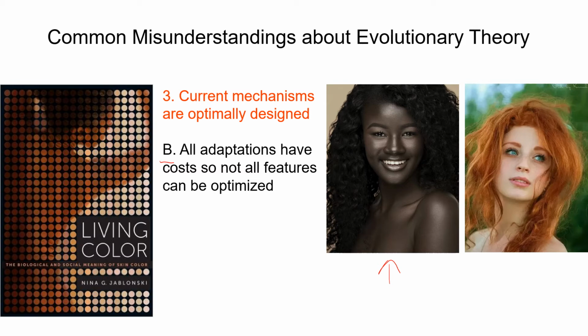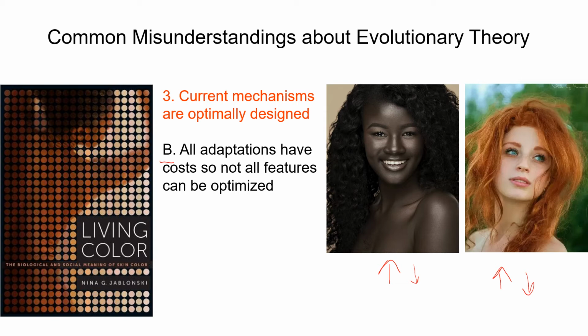However, the darker skin tone makes it harder to absorb the vitamin D. So you get the benefit of lower cancer as well as some other benefits, and the main cost of lower vitamin D absorption. The girl on the right here gets the benefit of greater vitamin D absorption, but the cost of greater risk of cancer.